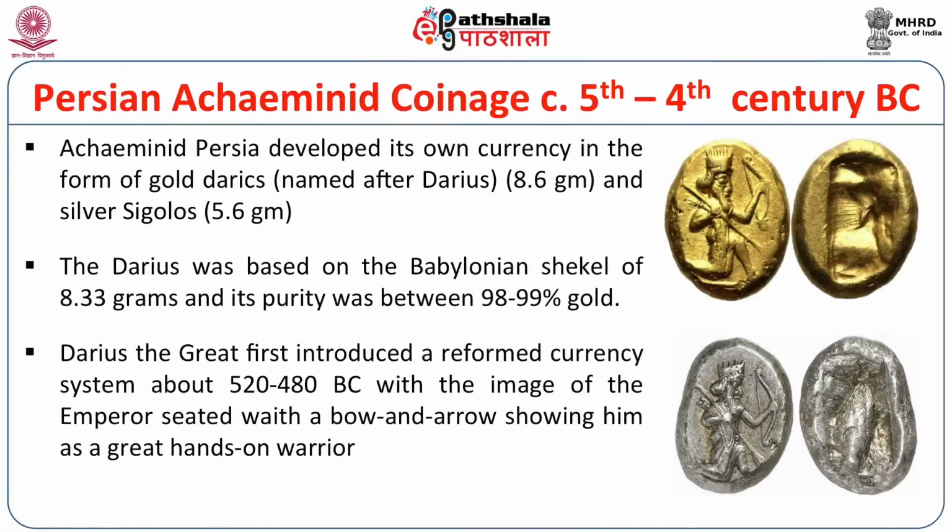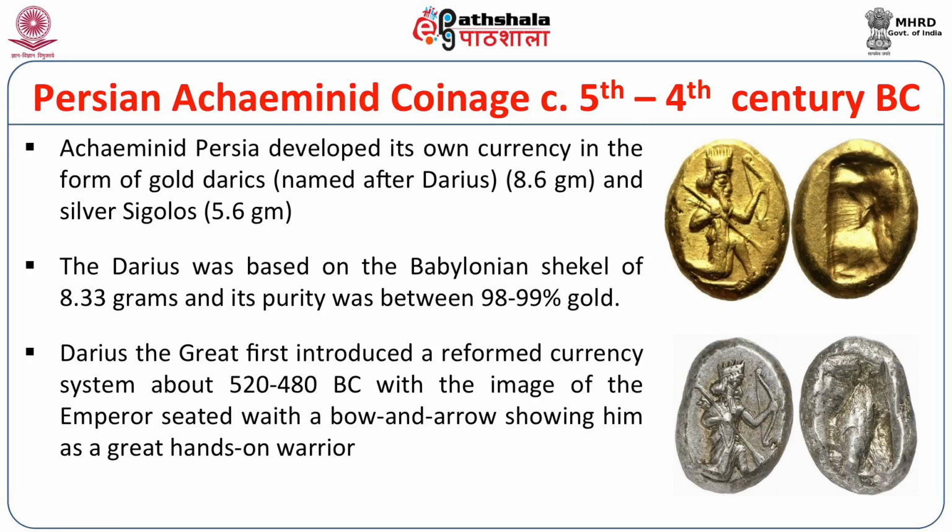By this time we come to also the period of the Persians, the great Achaemenids who ruled and created the largest empire in the Persian speaking world. And here came about a gold coinage called Daric, named after the greatest Achaemenid ruler, Darius I. And this again weighed about 8.6 grams, corresponding somewhere to the shekel weight.